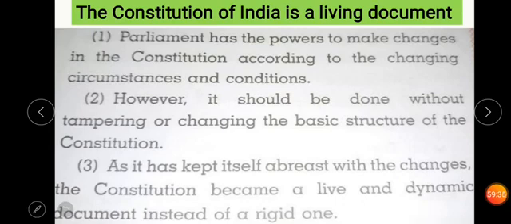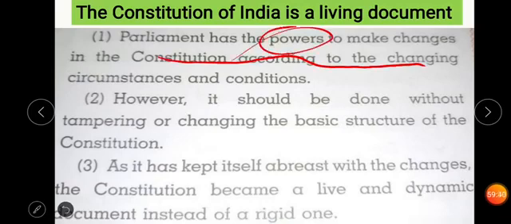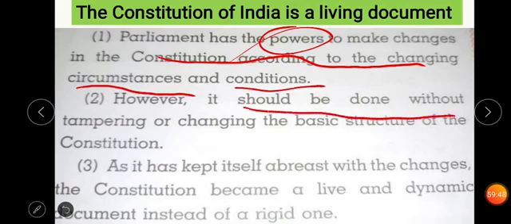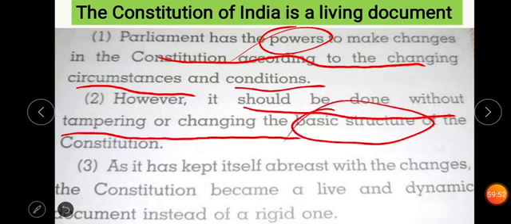We have already described that parliament has the powers to make changes. Circumstances and conditions are also changing. That's why. However, it should be done without tampering with and changing the basic structure of the constitution. What is the basic structure?